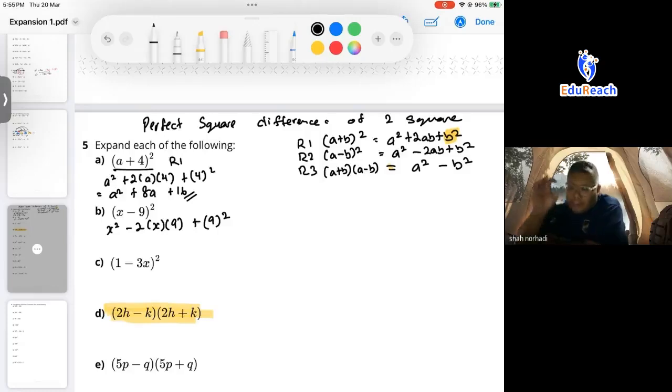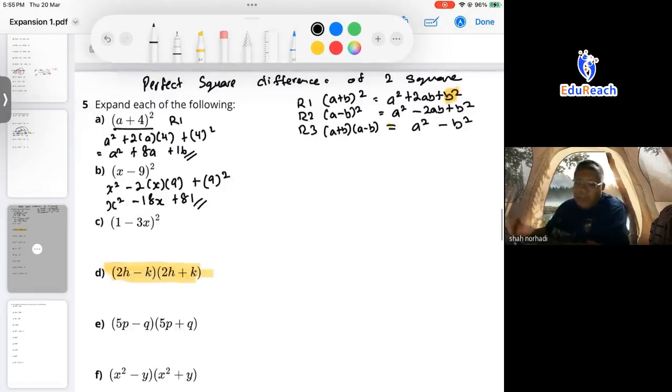Okay, this one you must take it slow because this is new to you. So you have x squared minus 2 times 9 will give you minus 18x. Then 9 squared gives you 81. Okay, so later you copy this down, then after that you can do part C and part D, right?